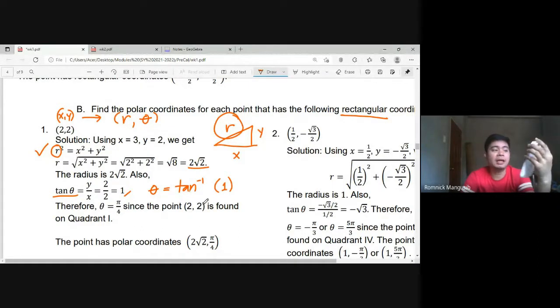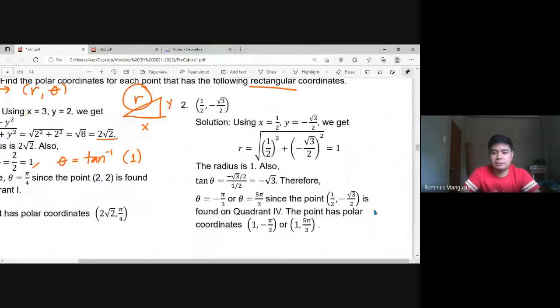So yun yung kahalagahan naman nito. Calculator. You have to be very friendly to your calculator kasi it will really save you. Okay? Sa exam. All other examples, I guess you can just browse them again kasi with the same procedures, you can always arrive with the same definitely yung sagot, no?